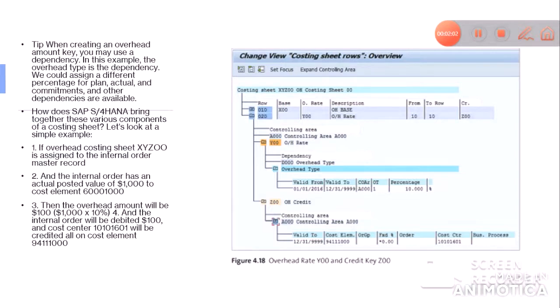So then the overhead amount will be $100 because it is taking 10%, and the internal order will be debited $100, and the cost center with the cost element will be credited. Okay.